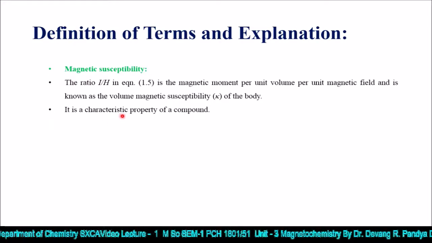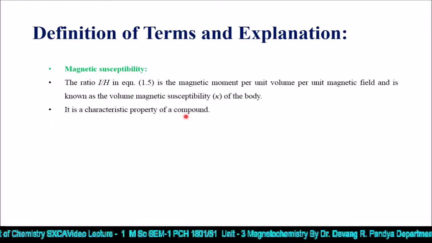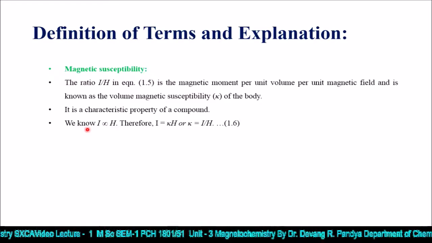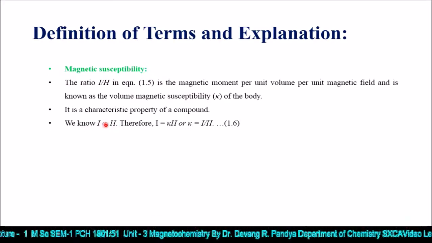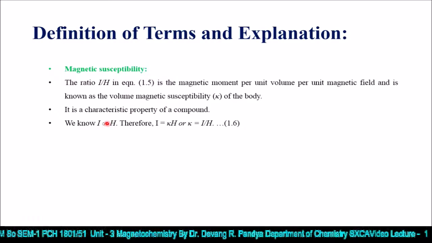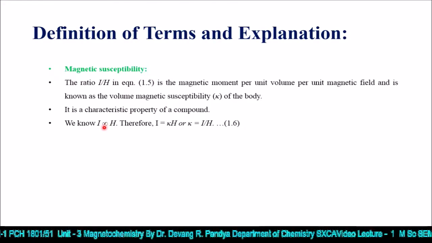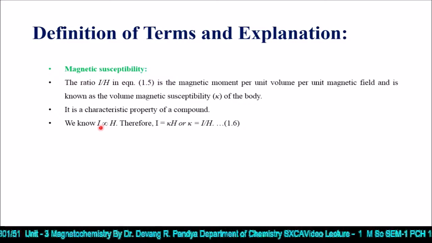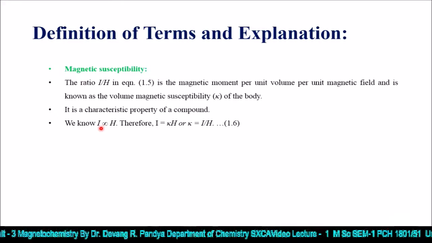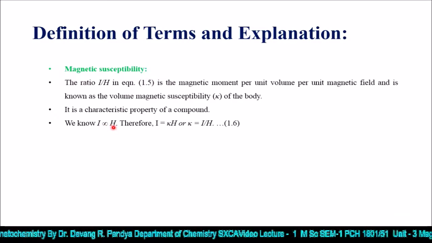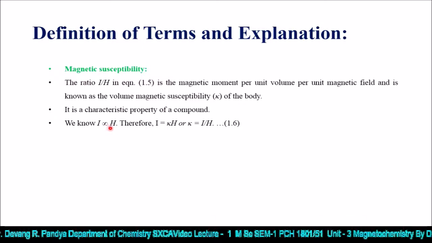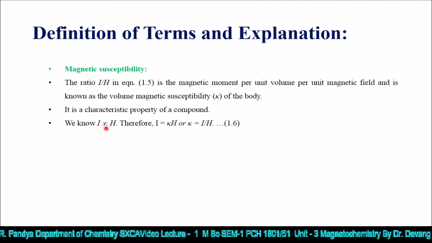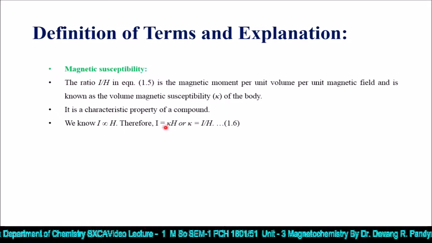It is a characteristic property of a compound. We know that I is proportional to H. This is a proportionality symbol that you need to understand. It looks like the infinity symbol, but it is used for proportionality: intensity is proportional to the magnetic field. Therefore, when proportionality is removed, we need to put a constant, that is kappa.